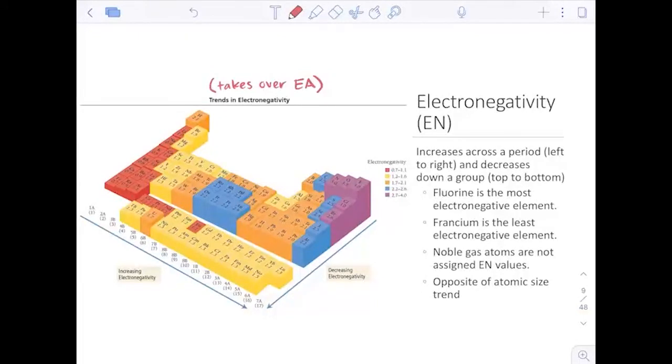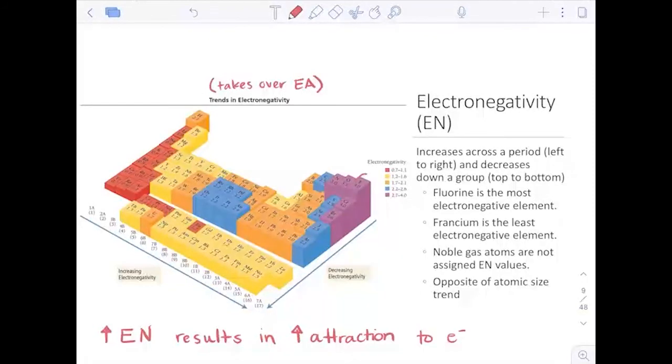The higher the electronegativity results in an increased attraction to electrons. That means that the atom would want the electrons more.